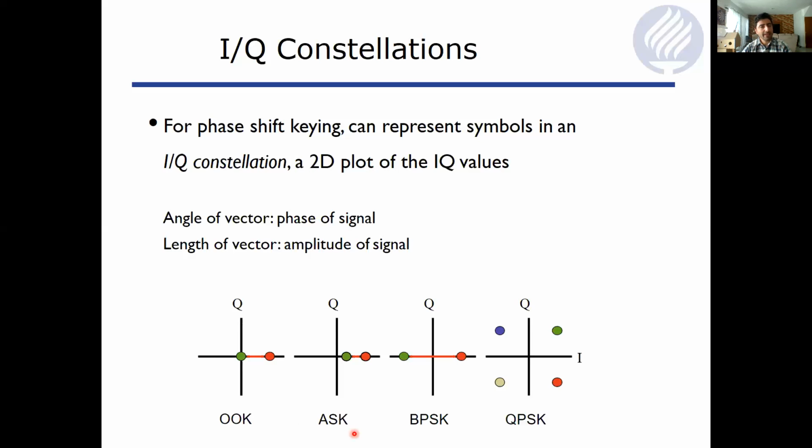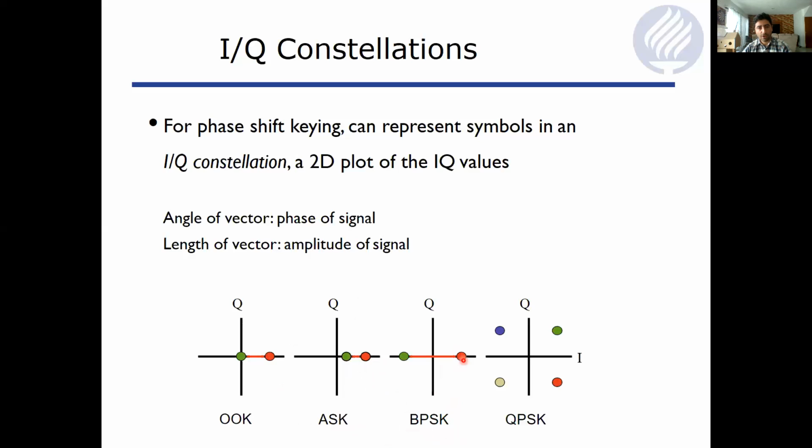ASK was amplitude shift keying. We're changing the amplitude between the two signals. This signal has a higher amplitude, the other one has a lower amplitude, but we are not doing anything with the phase of the signals. With BPSK, or binary phase shift keying, you remember we're not changing the amplitude, we are just changing the phase of the signals.